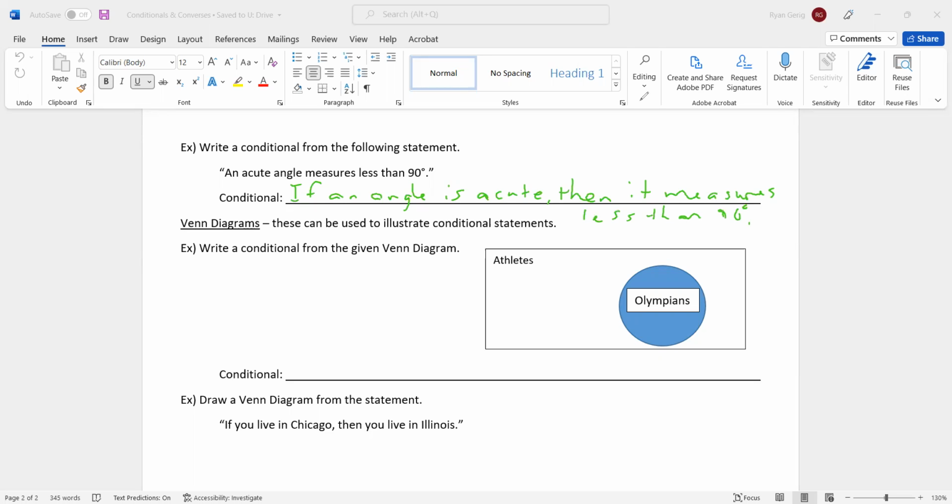All right, Venn diagrams. A lot of Venn diagrams can be written as conditional statements. So here's a Venn diagram with athletes and Olympians. The conditional that I can write from this is the following. If I'm an Olympian, then I'm an athlete.